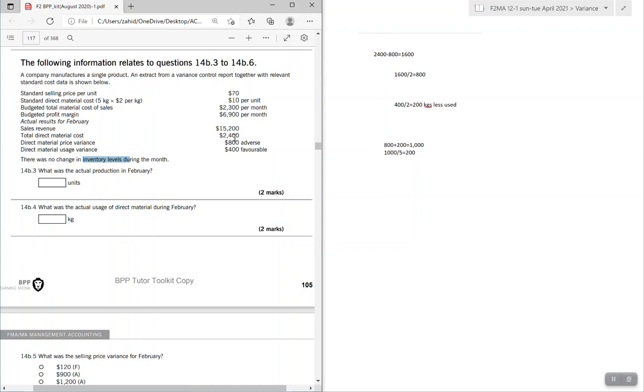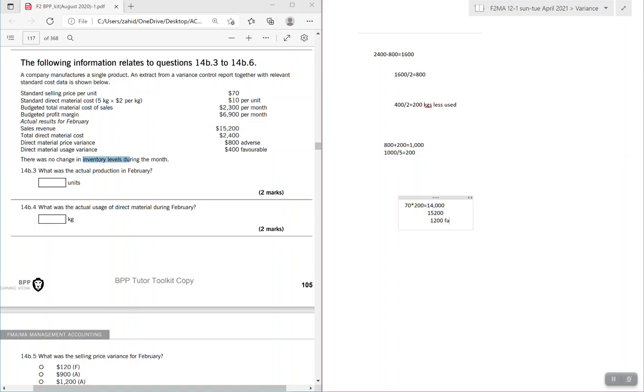Standard price per unit is 70, so 70 multiplied by the 200 units that we sold. We should have sold it for 14,000, but we sold it for 15,200. That means we have sold it expensive.